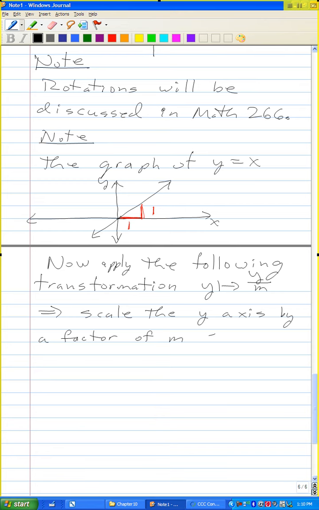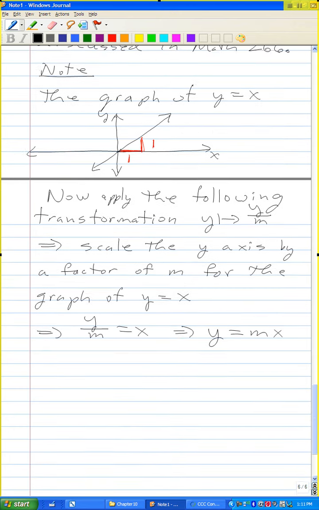So for the graph of y equal x, let's apply the transformation, y over m equal x, which is just y equal mx. If I multiply both sides of my equation by m, I'm assuming m here, of course, is not 0.